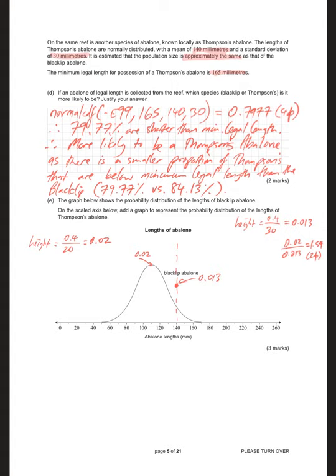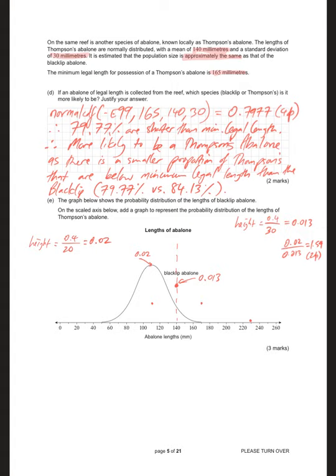And the standard deviation is 30, so 140, 150, 160, 170. So the point of inflection is going to be 1 standard deviation away, halfway down. Another standard deviation away. Now we need to go 3 again, 1, 2, 3, and then another 1, 2, 3. So 3 standard deviations away at 230.